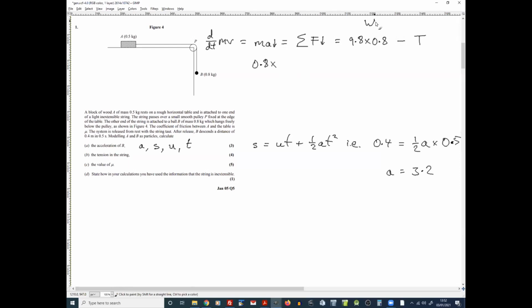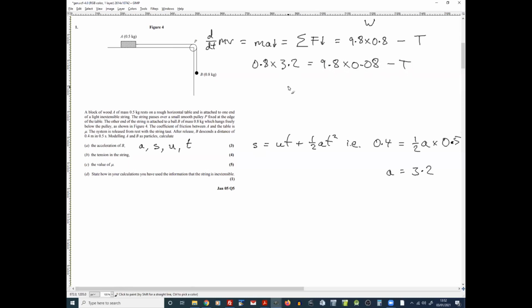That's the weight, isn't it? But the actual acceleration, which we worked out in part A, is 3.2. So 0.8 times 3.2 is what's equal to 9.8 times 0.8 minus t.